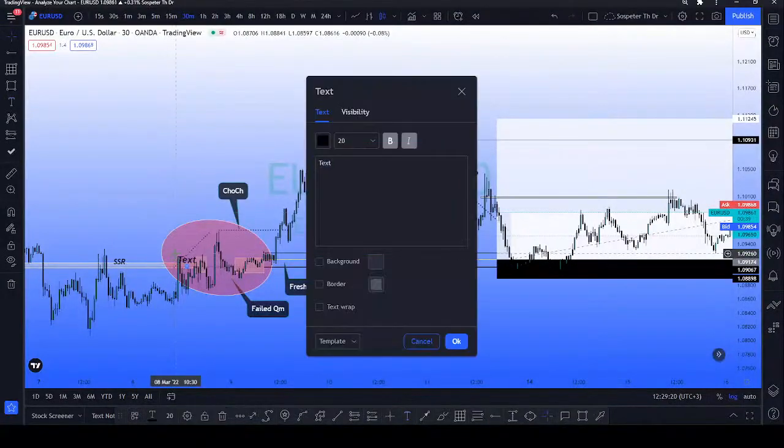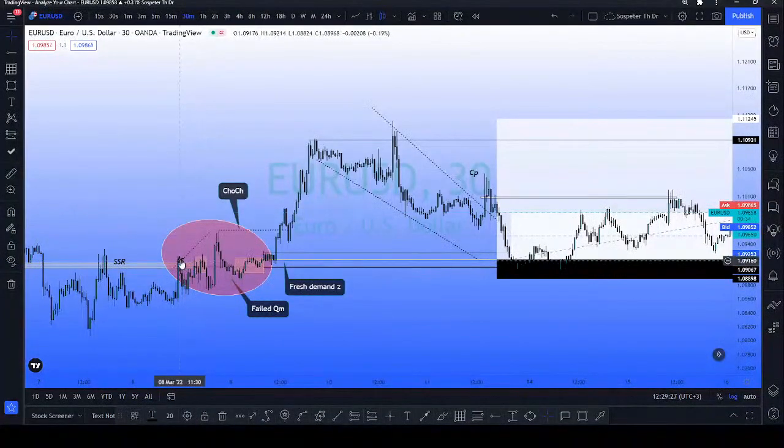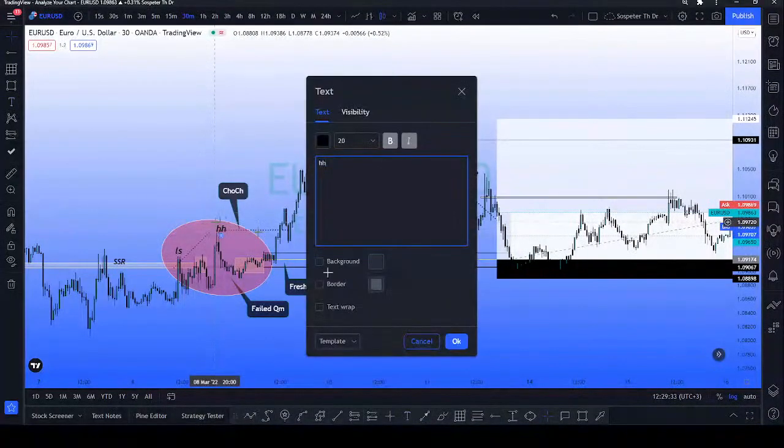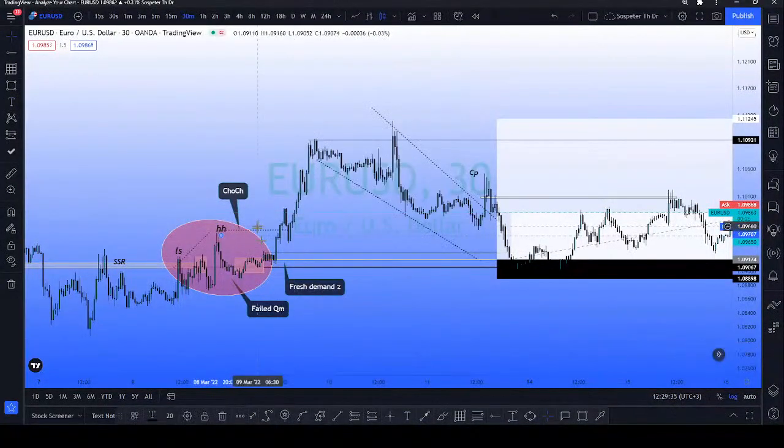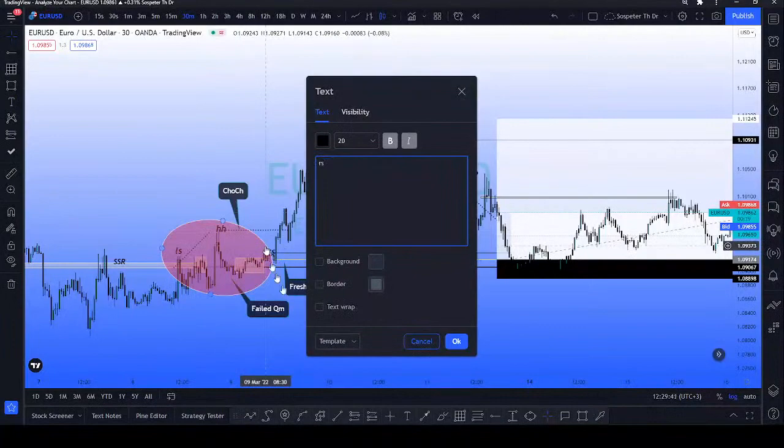Let me label, I might assume everyone knows, which is not good. Let me just label for the purpose of learning. That's the high, or the head, whatever you call it, and this is the right shoulder.